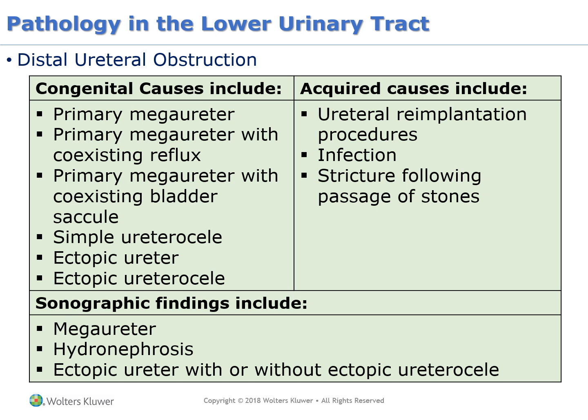And then stricture following the passage of stones. So if a stone has passed and it has caused a lot of scar tissue in that ureter or the UVJ area, then that fibrous type tissue is not going to be as efficient at peristalsing and really staying compressible as it once was.